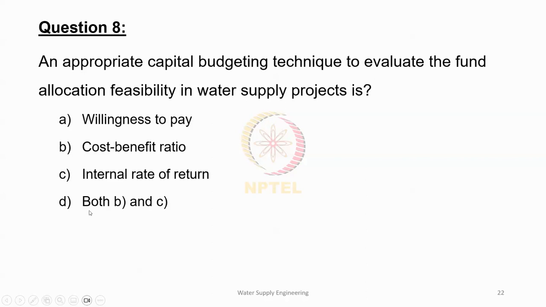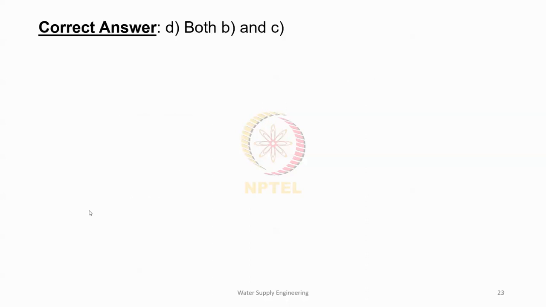Option D, both B and C. Okay, so the correct answer is both B and C, option D.